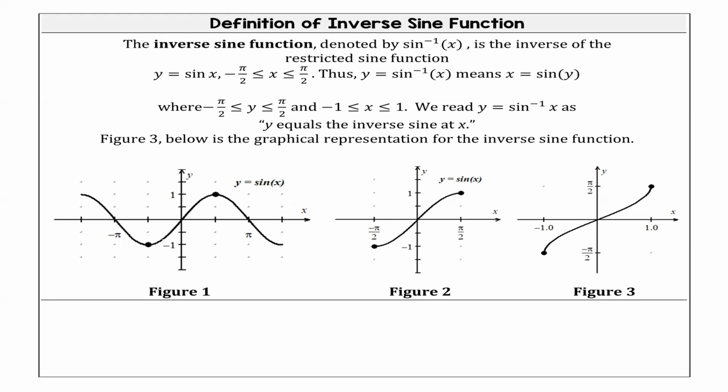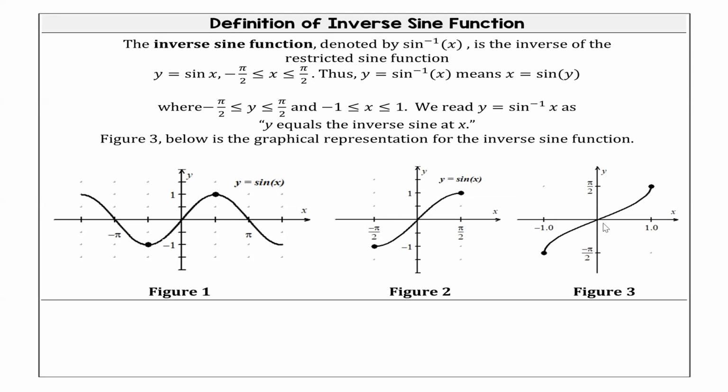So if you look right here, this is our example sine graph. This right here is the partition of it, cut off from here to here. Eventually you're getting down to your inverse.